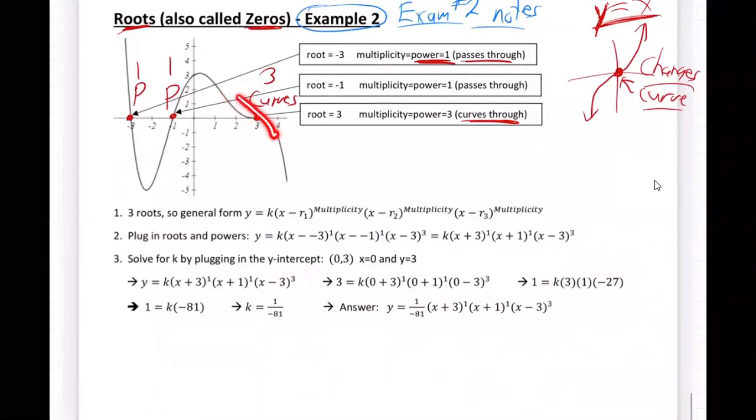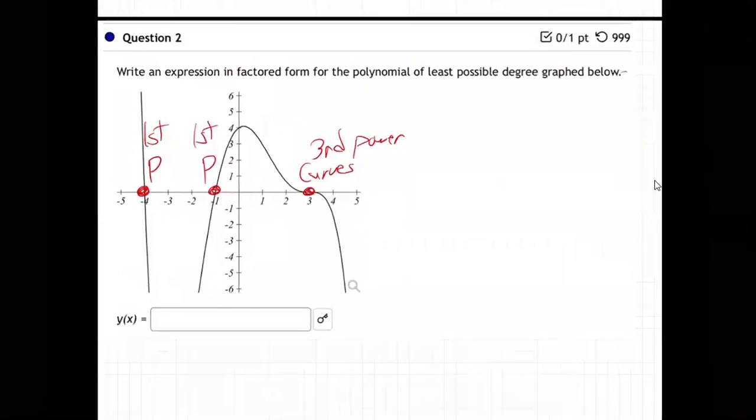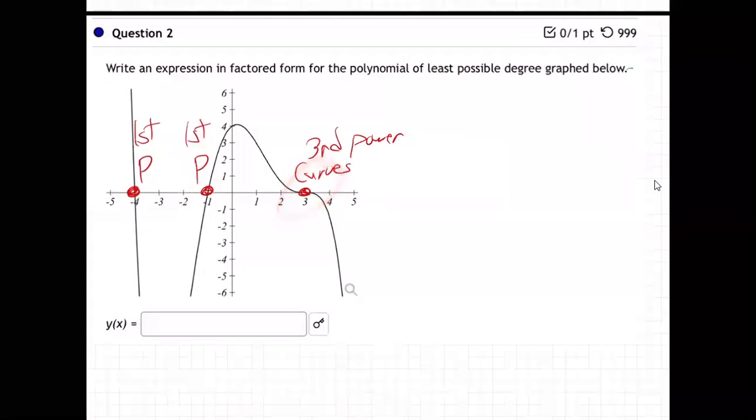It didn't go straight through, it didn't bounce, but it curved through. When it does that, it's like x to the third, and it's a third power. So this one is a third power because it curves through, whereas it goes straight through this point and straight through that point. We don't have any second power in this graph.